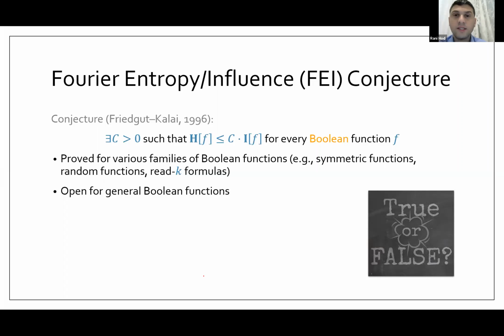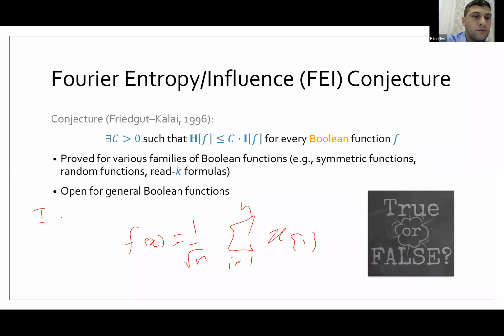Let me just mention that if the function is not Boolean, then this is not true. We could take something like f of x, with the proper normalization, the sum of all the basis elements with a singleton set. Then this function has influence something like 1, because all of the sets are of size 1, so the expected size is 1.